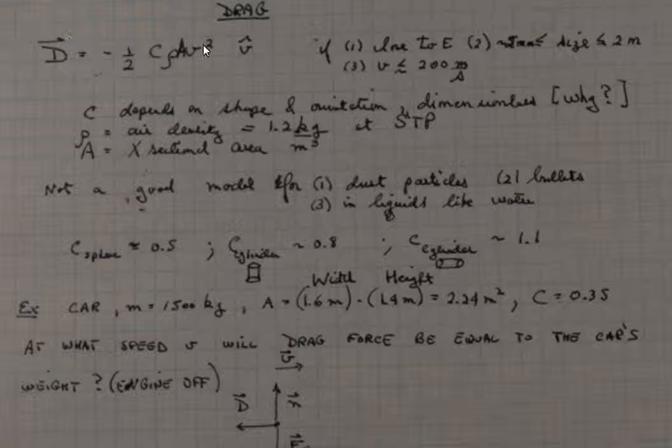So this drag formula applies if you're, first of all, close to the Earth, and that's true because as you go further up, first of all, the acceleration of gravity would change, but the density of the air would also change, and so the drag coefficient would start being a function of the altitude, which clearly isn't modeled here.